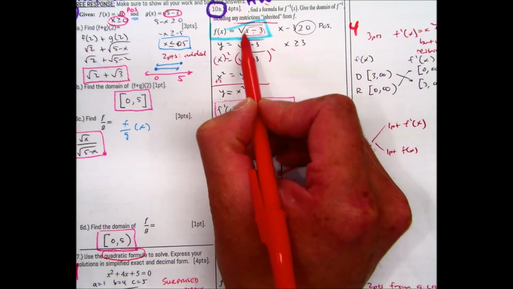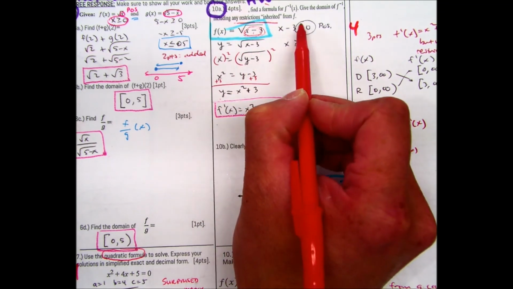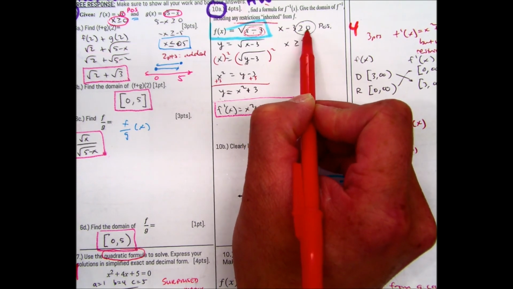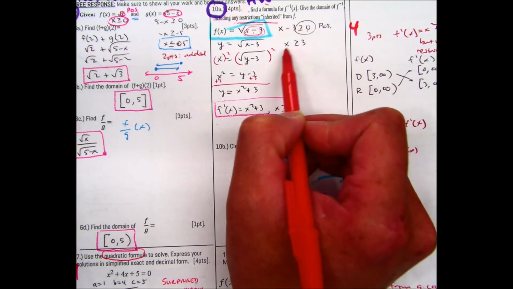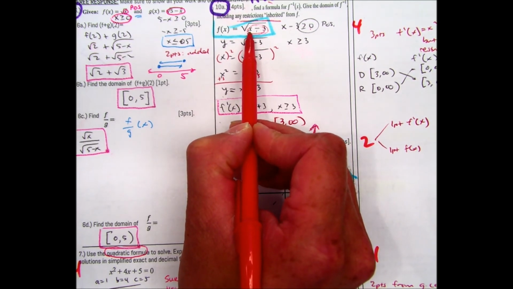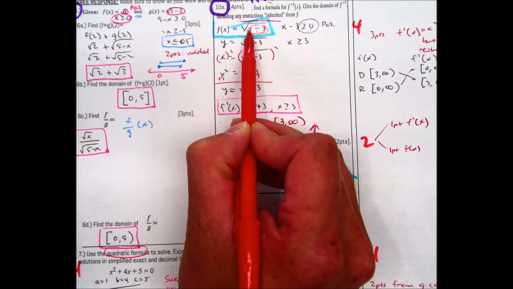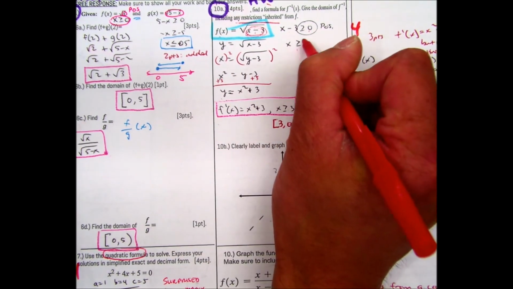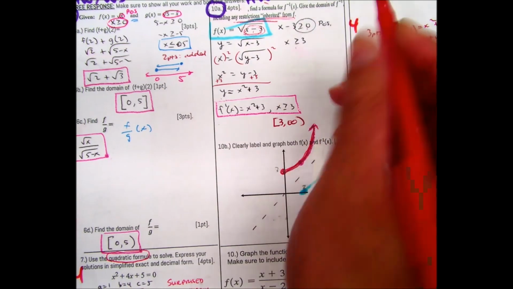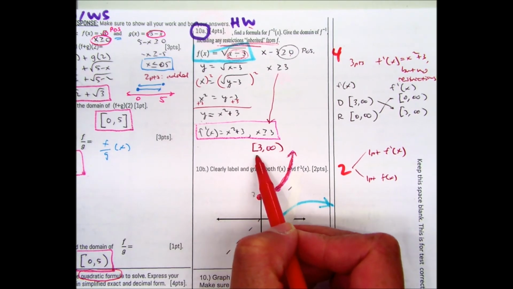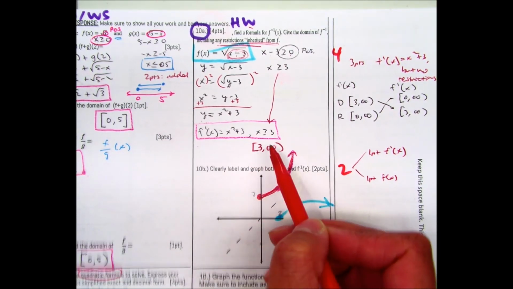You can't have any negative numbers because that would turn complex. So you set it greater than or equal to 0. Add 3 to both sides. That means the numbers you can pick here only have to be 3 or higher, right? Because you could put a 3 in there and get 0, and the square root of 0 is 0. So this is the inherited restrictions, and you could also write that in interval notation, bracket 3 to infinity.